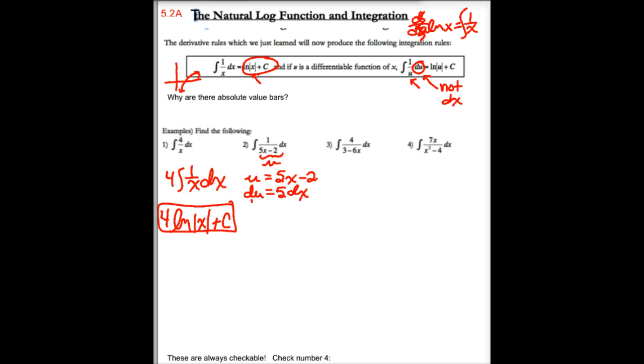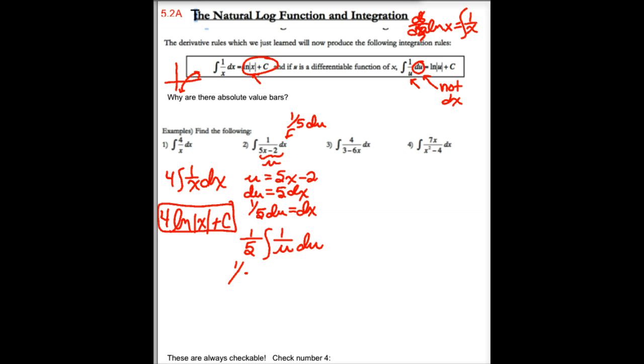So consequently, dx is actually a fifth of du with that fraction correction in there. So when I rewrite this, I've got 1 over u 1/5 du. So I'm going to rewrite that with the 1/5 out front times the integral of 1 over u du. So that fraction correction that we've been doing with u substitution is still holding with our natural log functions.